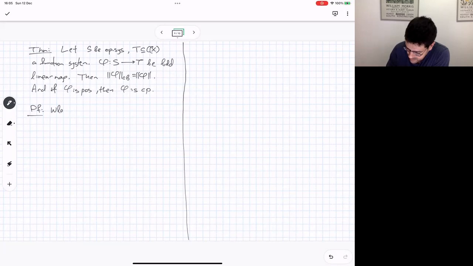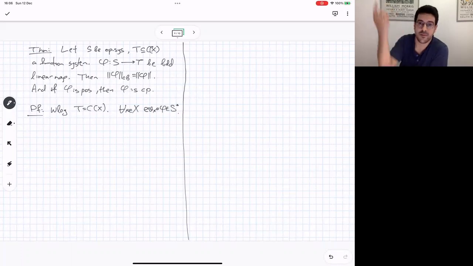Without loss of generality, we can assume that T is C(X), as always. And for every x in X, the evaluation at x composed with phi is a linear functional.